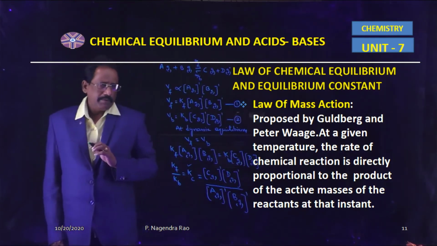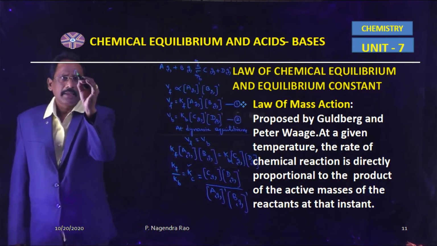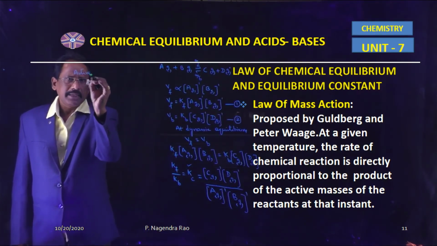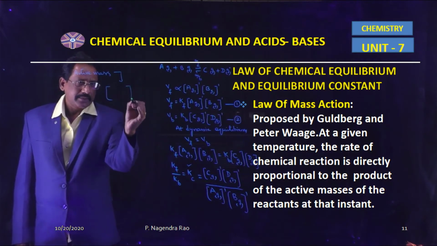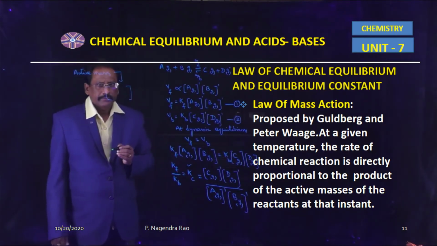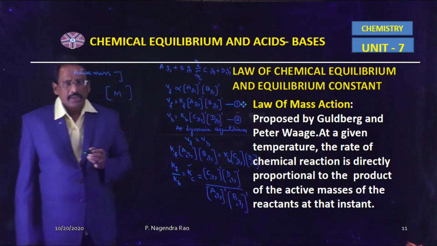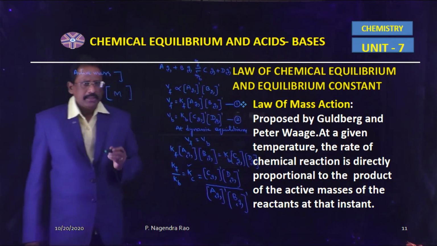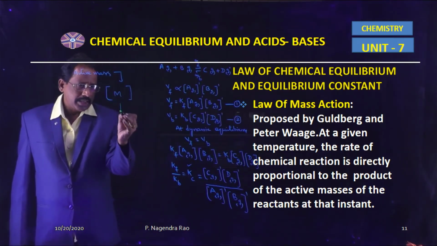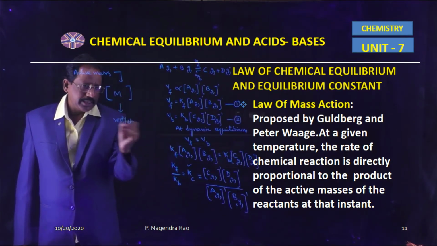Here, a very important point is that active mass is represented by square brackets. In this square bracket there is the concentration of the substance, that means molarity, nothing but moles per liter.